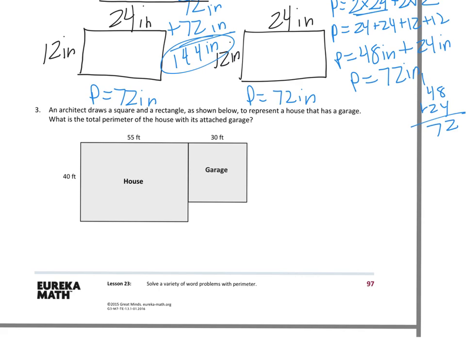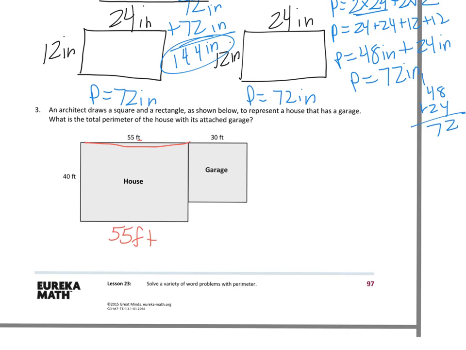An architect draws a square with a rectangle as shown below to represent a house that has a garage. What is the total perimeter of the house with its attached garage? So what we want to do first is get some dimensions on here. I know that if this measurement right here is 55 feet, this one is going to be 55, and that's good because we got the whole part shown there.